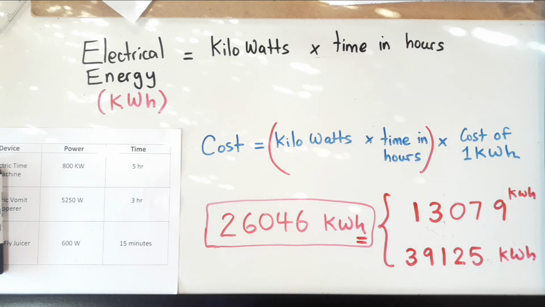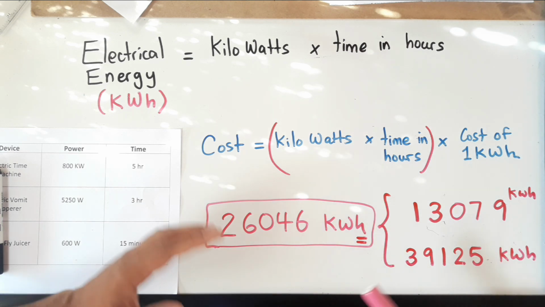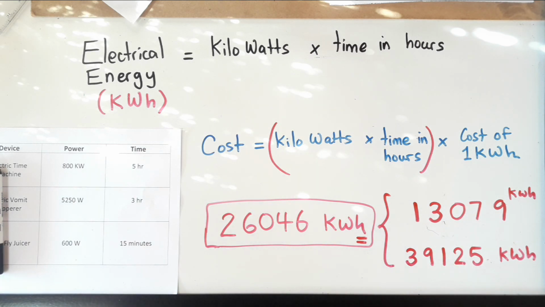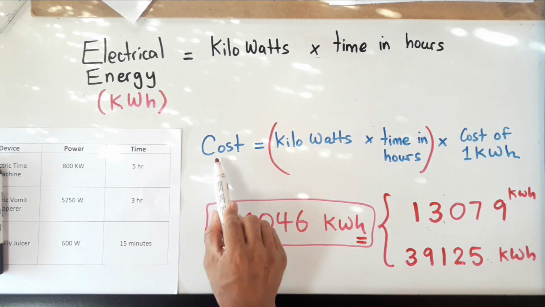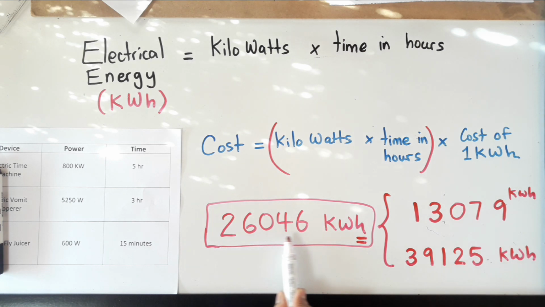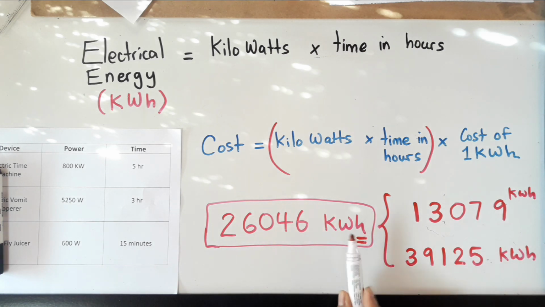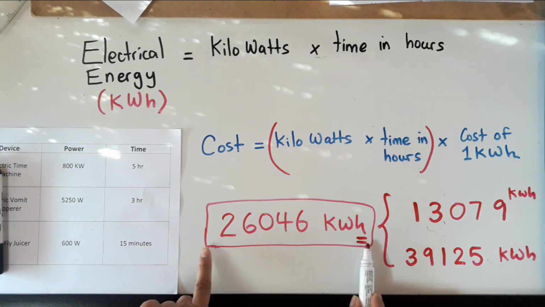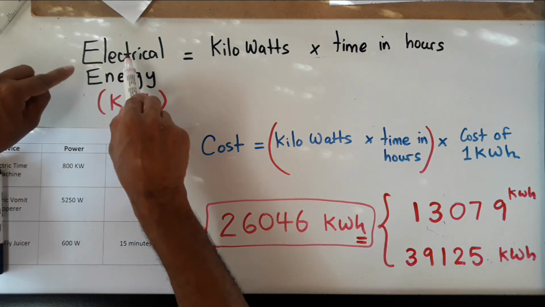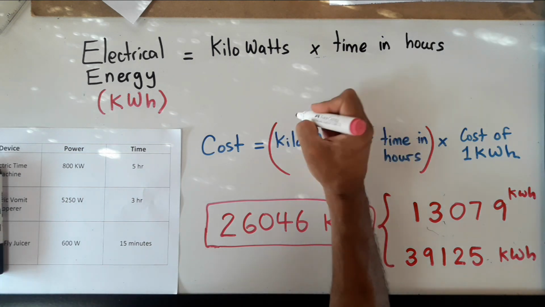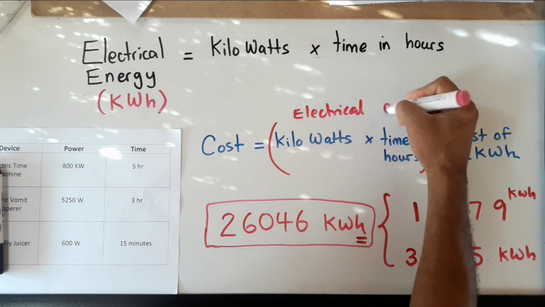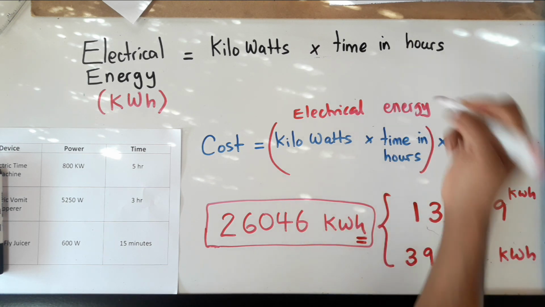But they could take the question one step further. They could ask you, what is this person's bill? How much they might have to pay? Well, for that, to calculate the cost of using this amount of kilowatt hours, remember, we have already got the kilowatt hours. Remember, the amount of electrical energy, in the brackets here is electrical energy, right?